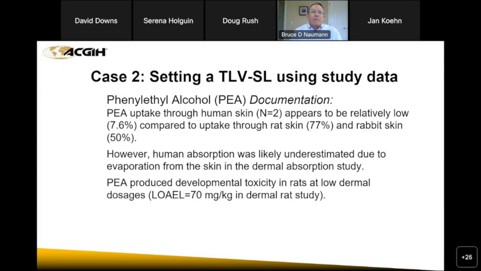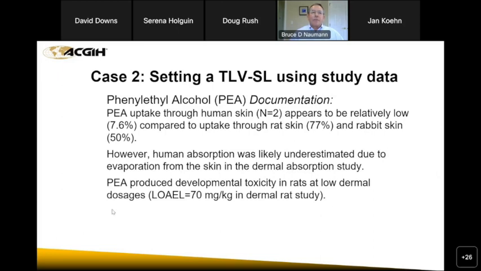So 7.6% versus rat skin 77%, and rabbit was a little lower. But when we looked at the study, we realized that the human study didn't involve occlusion. So there was a lot of evaporation that occurred. So it probably underestimated the amount that was absorbed through the skin.